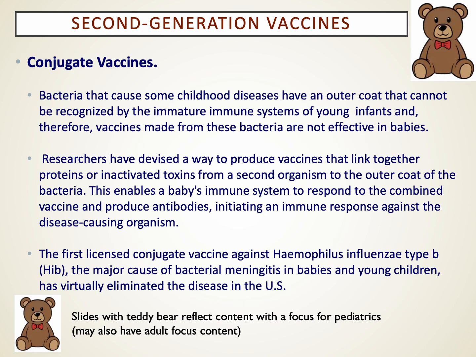There are also vaccines that add a coating or a conjugate or something else to the vaccine to make it more recognizable for the immune system to then produce antibodies. This is particularly true in younger children who have not developed a full immune response yet. You may look at the vaccine schedules we'll look at in a bit, and ask yourself, why do we sequence the vaccines the way we do?